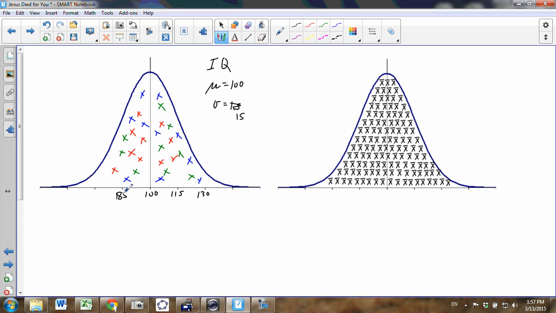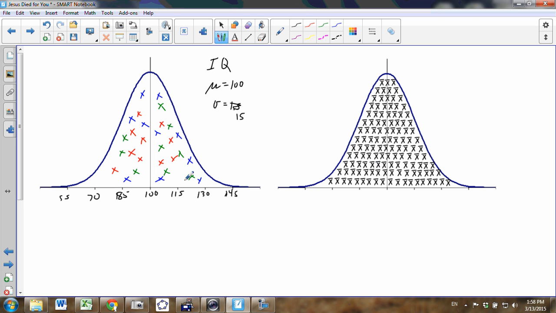And this would be an IQ of 85, this would be an IQ of 70, an IQ of 55, an IQ of 145, and of course, the higher your IQ, the more unusual that occurrence is. And that shows in the fact that there are fewer people with very high IQs, just like there are very few people with very low IQs. There are relatively many people with the typical IQs around the average.